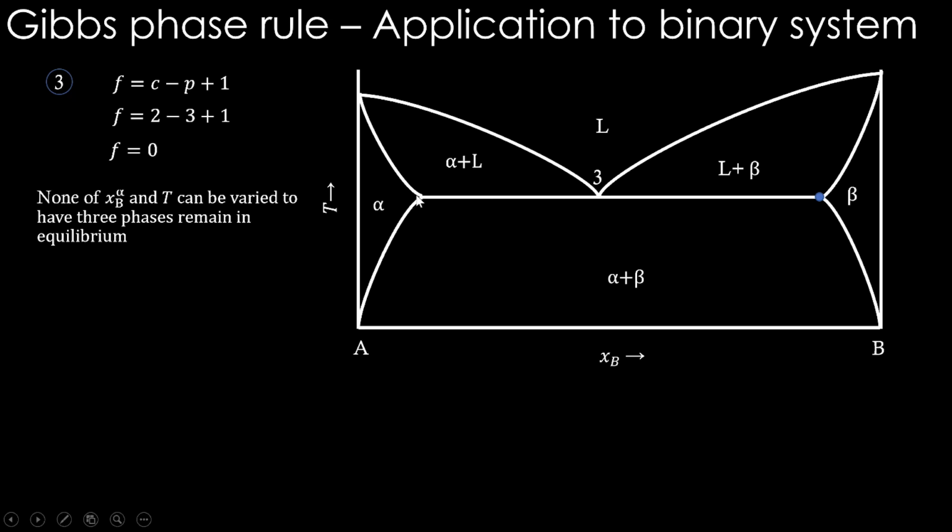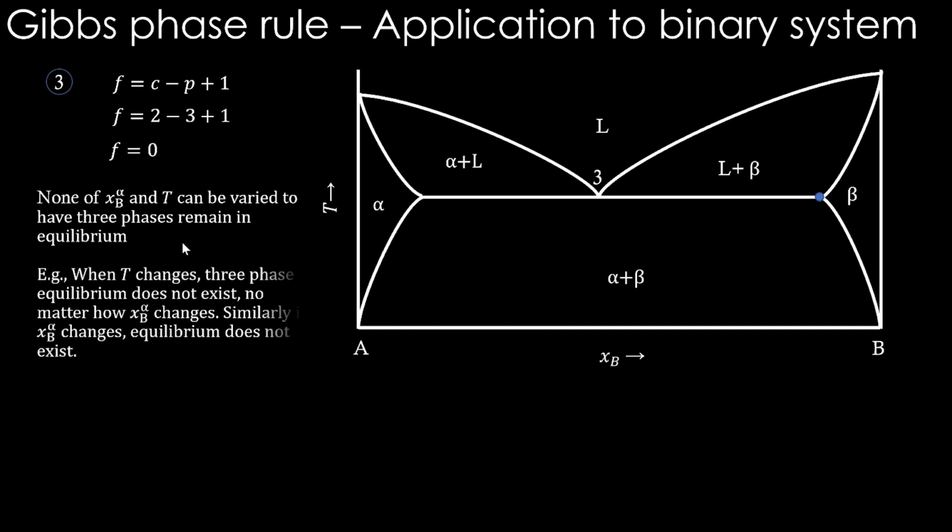You remember the Gibbs energy composition plots, three Gibbs energy curves touching a common tangent. That's what is reflected like this, right? So, if you change the composition of beta, the point where the tangent touches, then for any other composition of beta, alpha cannot stay in equilibrium with the other two phases. Therefore, the composition of alpha, XB alpha, should be this particular value here. Otherwise, three phases cannot stay in equilibrium.